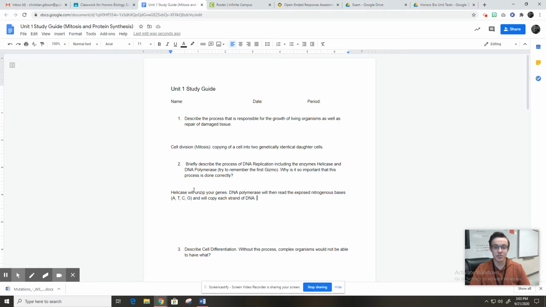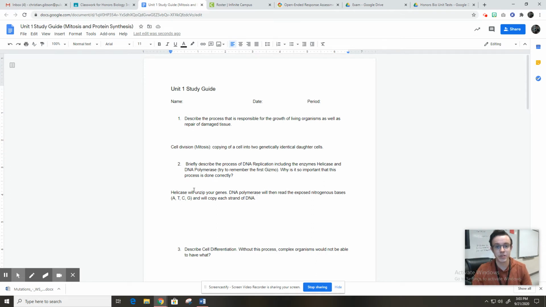What you will end up with is two identical copies of DNA. And so remember, helicase unzips it, DNA polymerase, anytime you see polymerase, it's building something. So it's building the other sides of the DNA. And so what you end up with is two genetically identical copies.